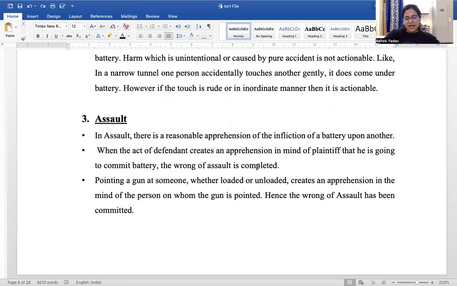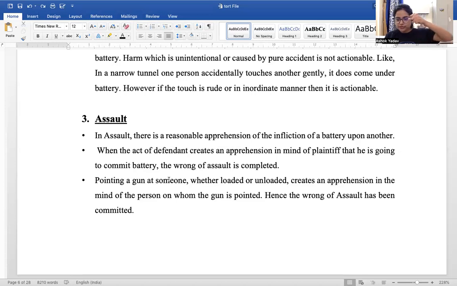So basically, assault is a stage before battery, wherein if the defendant creates an apprehension in the mind of plaintiff that he is going to commit battery against him, then the wrong of assault is completed, right?